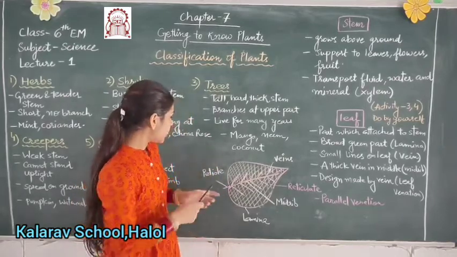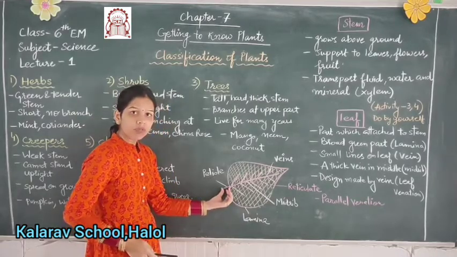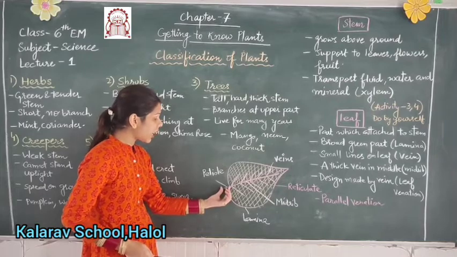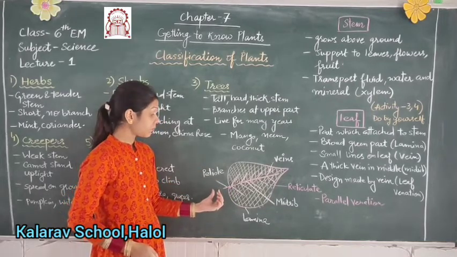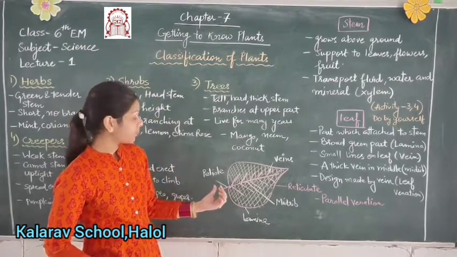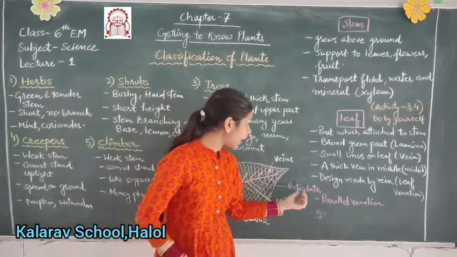Next, here is the petiole. The petiole is that part of the leaf which is attached to the stem. Next, here is reticulate.